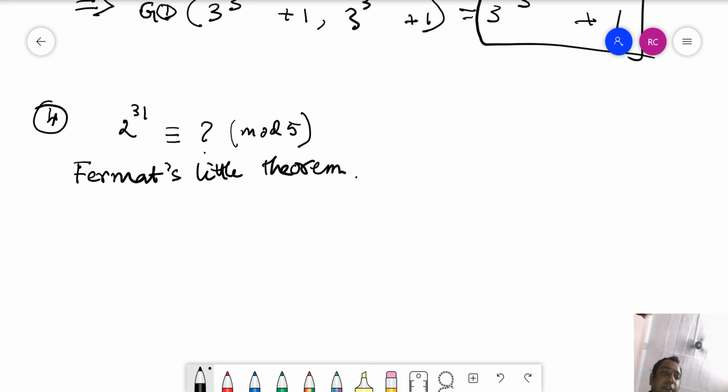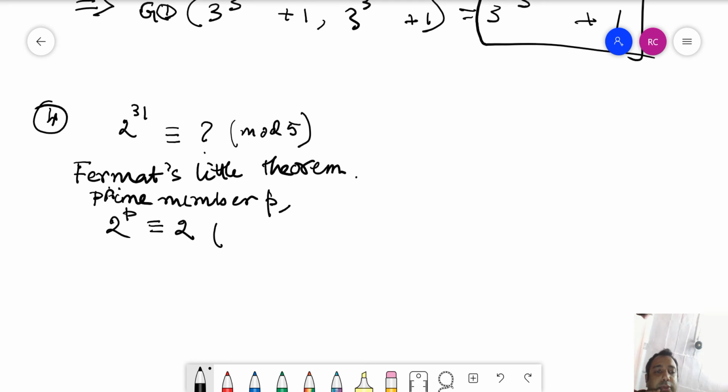And what does Fermat's little theorem say? It says that for a prime number p, 2 to the power p would leave a remainder of 2 when divided by p, or 2 to the power p is equal to 2 mod p.